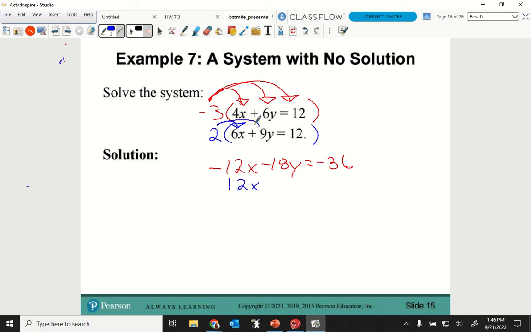Positive 2 times positive 9y is positive 18y. If you notice, I'm putting the plus sign there to show it's positive. Bring down my equals, and 2 times 12 is 24.